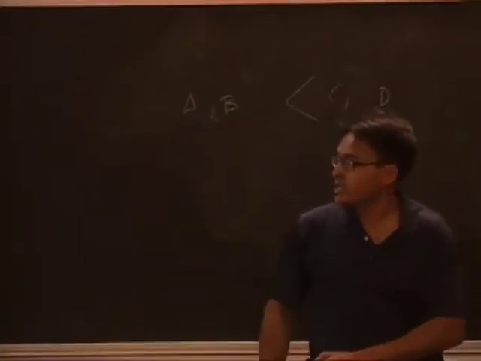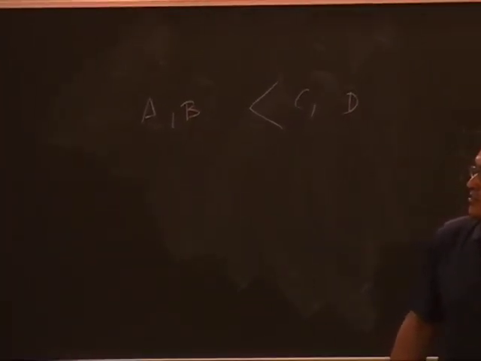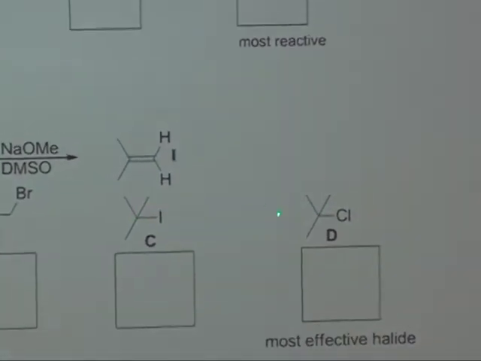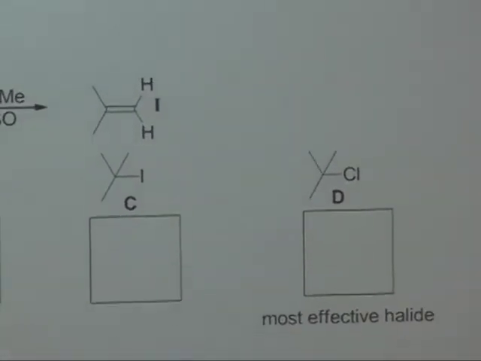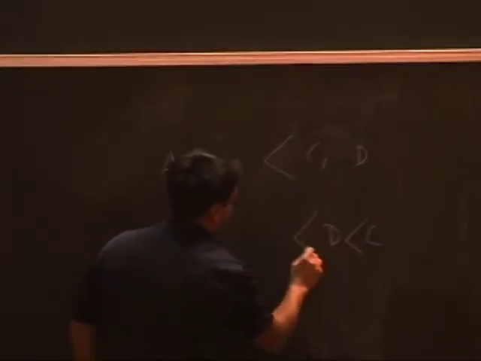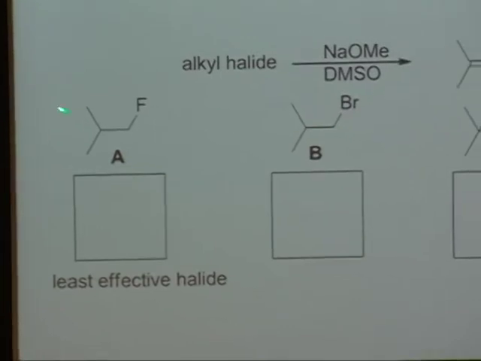Between C and D, which is better? What's the difference? The leaving group is the one that's different. So which is a better leaving group? I is a better leaving group. So C is better than D. Between A and B, which is a better leaving group? Br is a better leaving group.